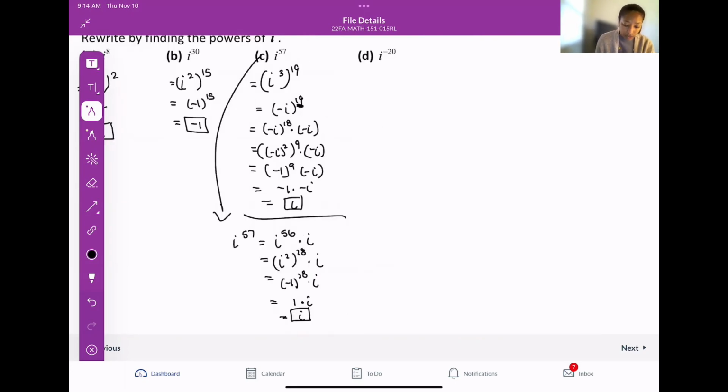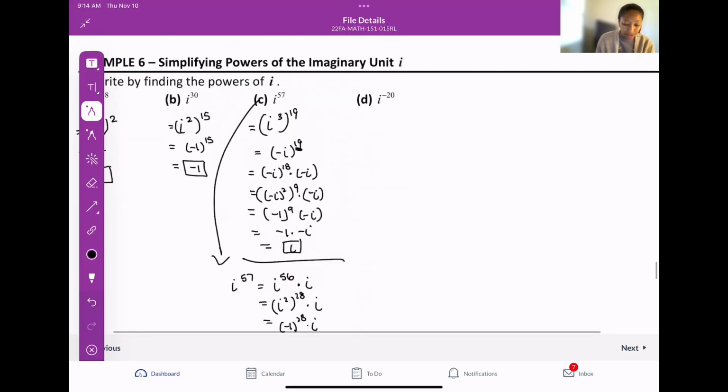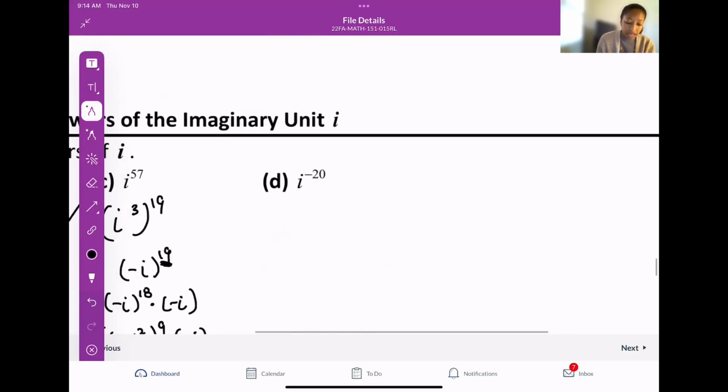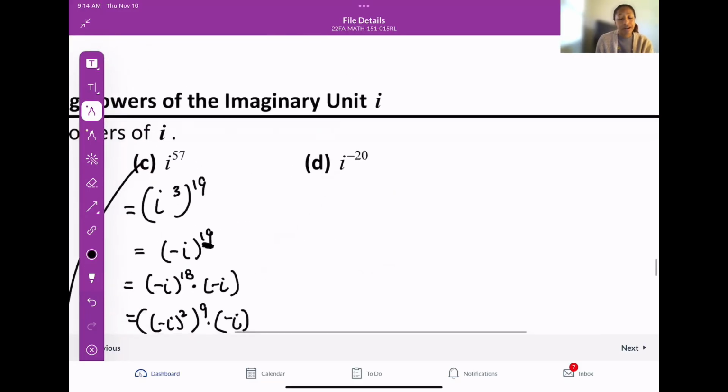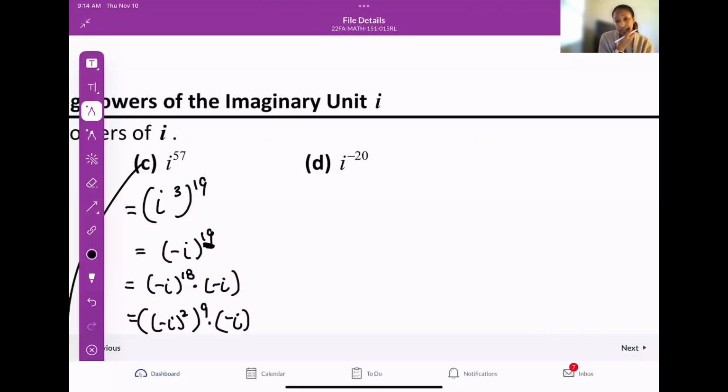All right, last one. Ooh, a negative exponent. i to the -20th power. All right, we just said that we want to try to make this some kind of multiple of 2. -20 is 2 times -10. Okay, so this would be i squared to the -10th power. i squared is equal to -1.